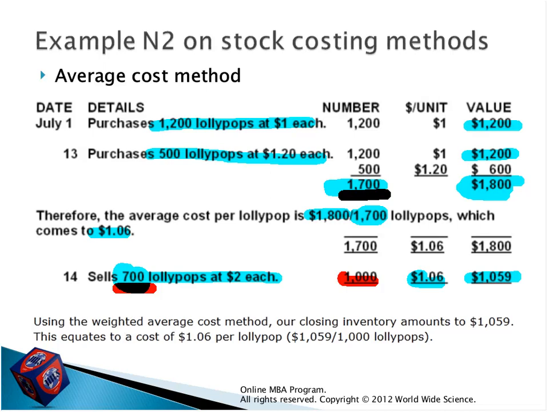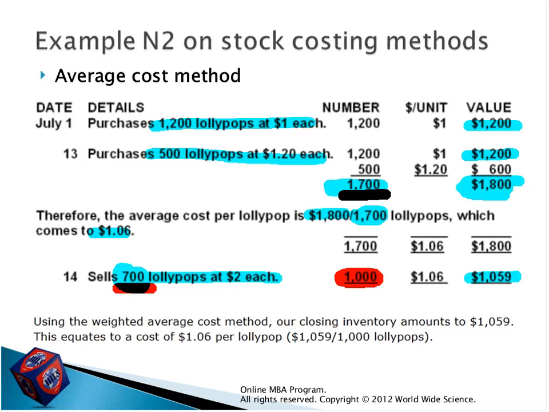And we have our balance, the inventory left in the candy shop: 1,000 lollipops, valued at the average price of $1.06. So using this average costing method, the inventory amount would be 1,059 US dollars, and this amount would be reflected in the balance sheet.